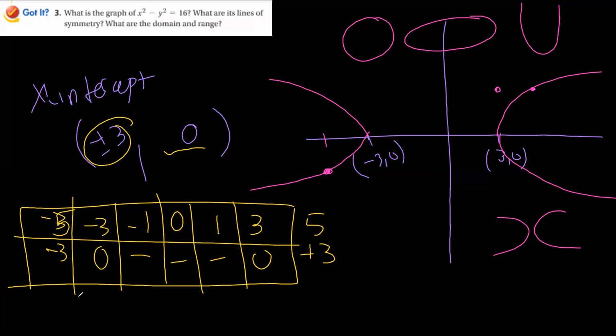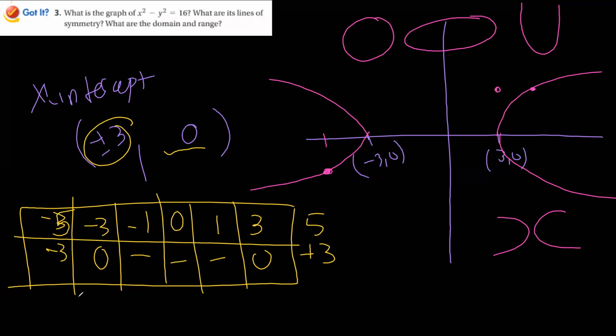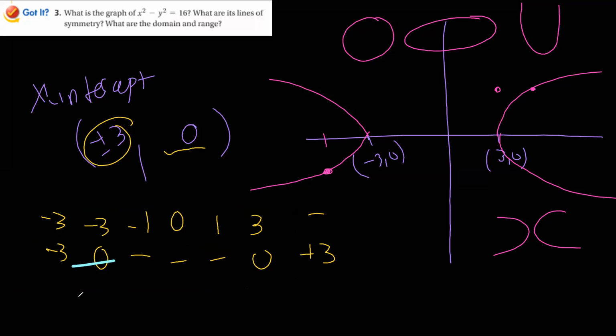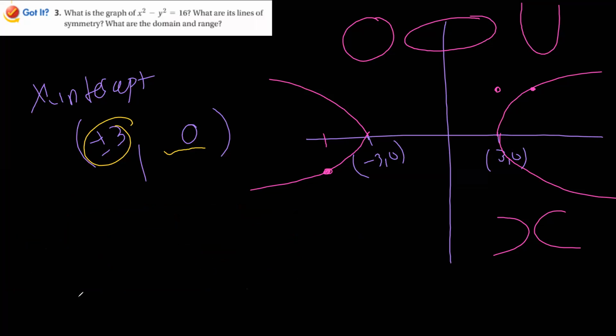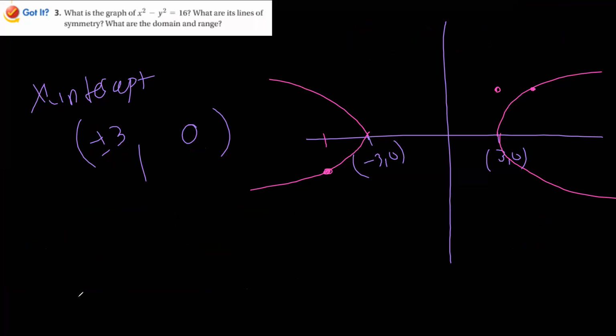So now, what are the lines of symmetry here? It's the x and y axis.